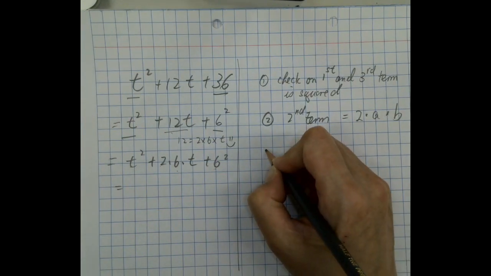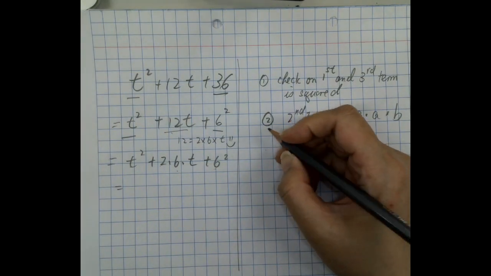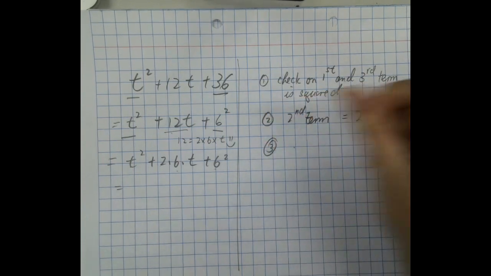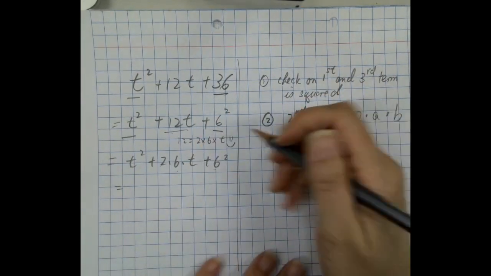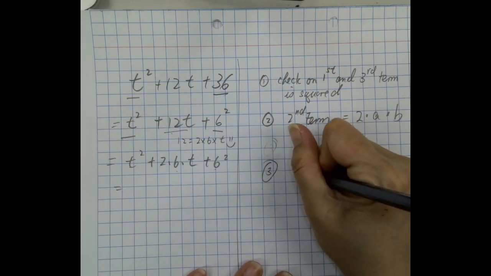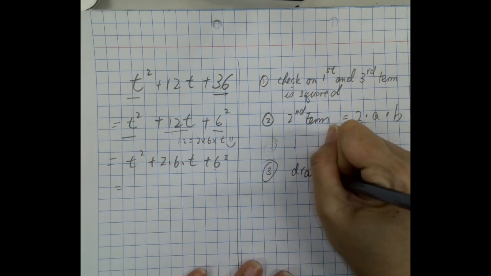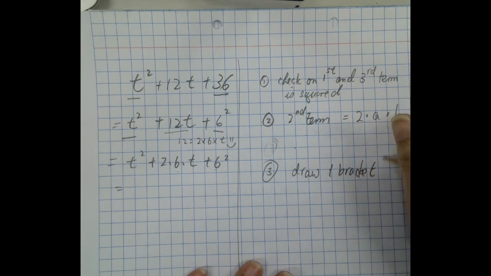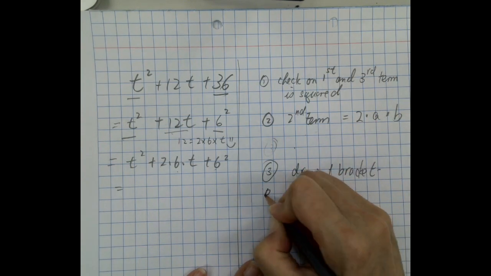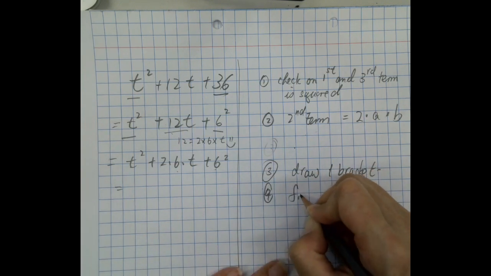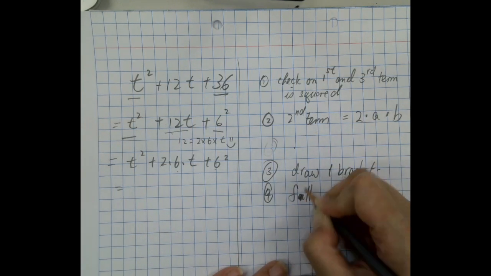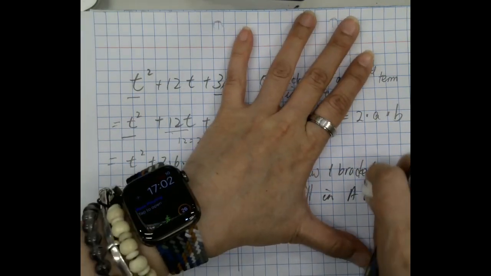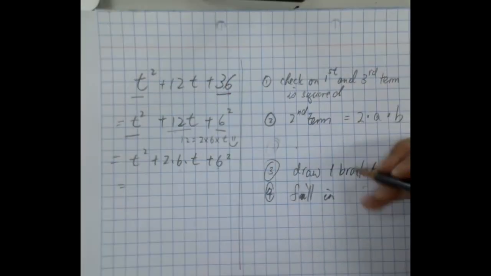Then you can use the bracket and fill in. This time one bracket only. And fill in the values of a and b. Make sure they are the same variables.